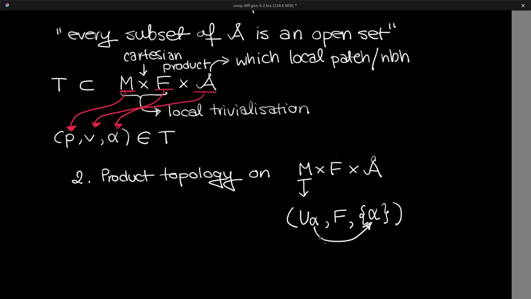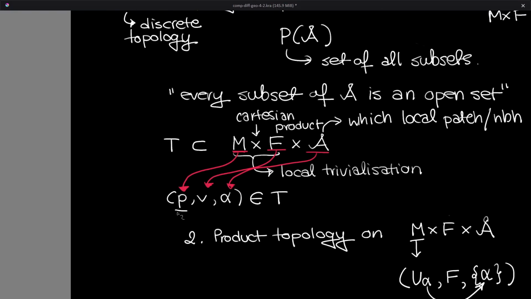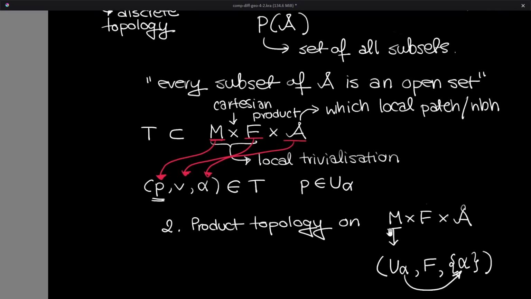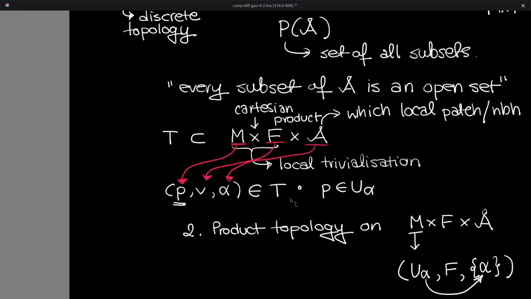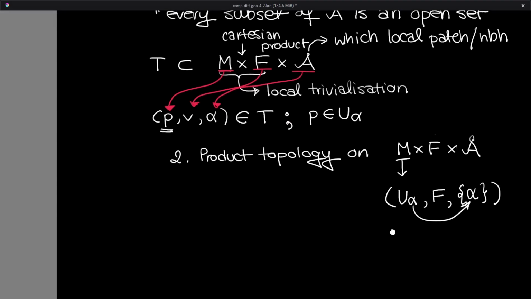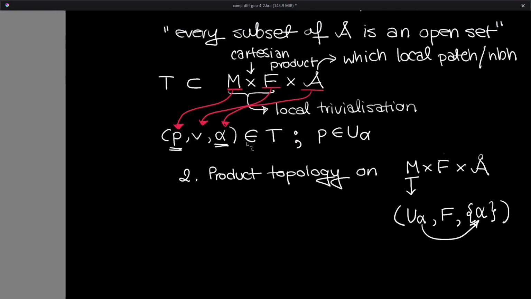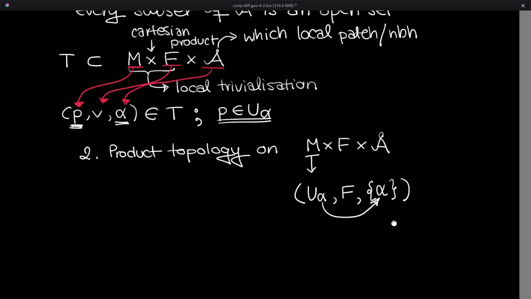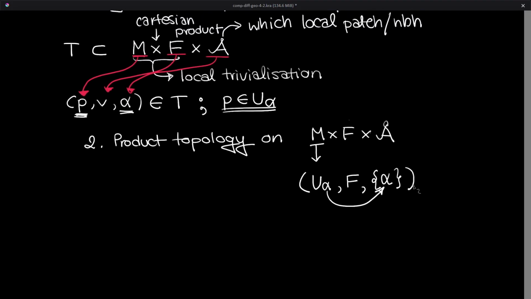That connection reminds me that we are required that this P is an element of this U alpha. That's a requirement for this point. When we index it with this alpha, that means that this P comes from this set U alpha. And because A has the discrete topology, every subset of A is an open set.